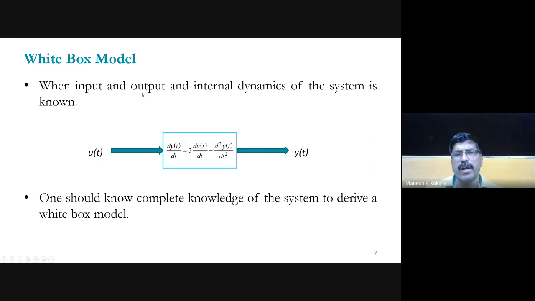When input, output and internal dynamics of the system are known, that model is called the white box model, and one should have complete knowledge of the system to derive the white box model. If you know everything about the dynamics of that system, then you will be able to model it. So it is a completely transparent system.